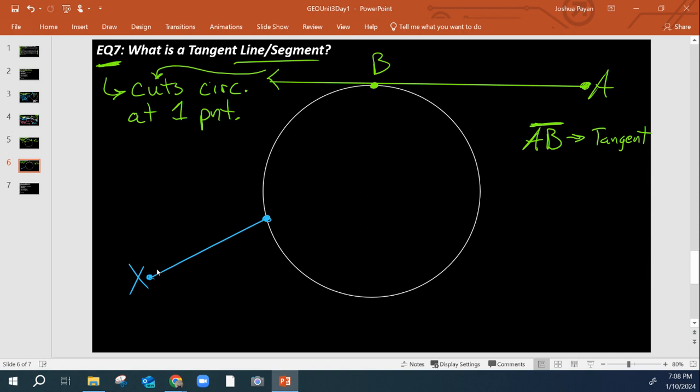Okay, this is not a tangent segment. So if I call that point Y, so XY is not a tangent segment, okay? Because if it continues, it would cut at a second point, okay? And it has to only cut once, right?